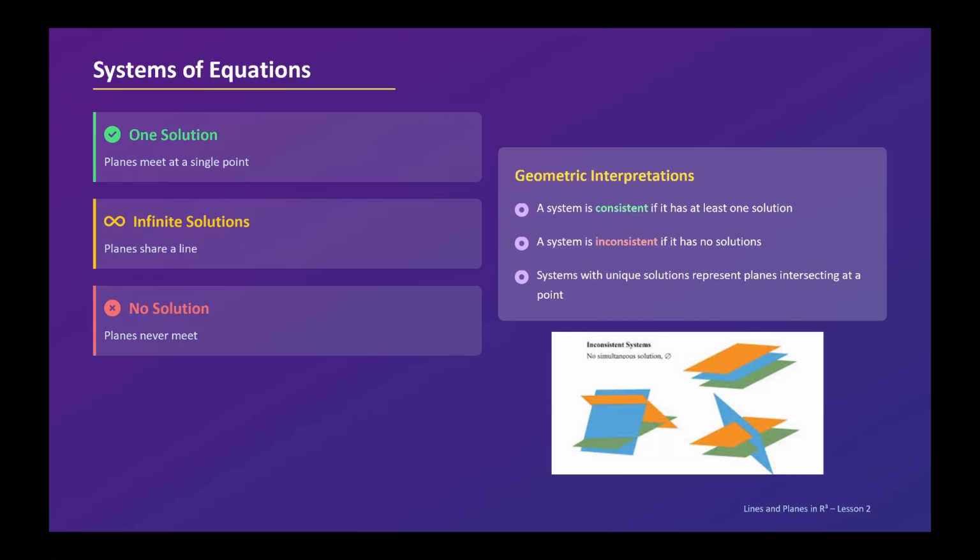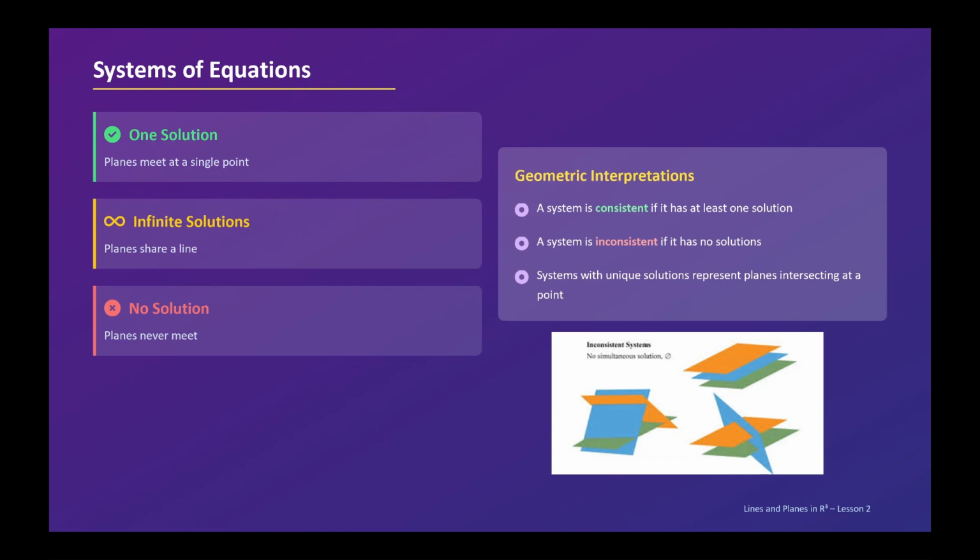So, systems of equations. Finally, let's connect everything to systems of equations. A system of three equations in three variables represents three planes in space. If the system has exactly one solution, the three planes meet at a single point.